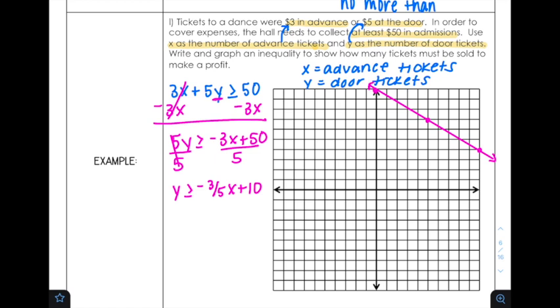Connecting our points. Now we have to figure out which way to shade. So it is greater than, so my values are going to be higher or above my line, but I'm going to check. So let's do 5, 8. Let's see. I'm going to put it back in the original. So we have 3 times 5, that's 15, plus 5 times 8, that's 40. Is that greater than or equal to 50?